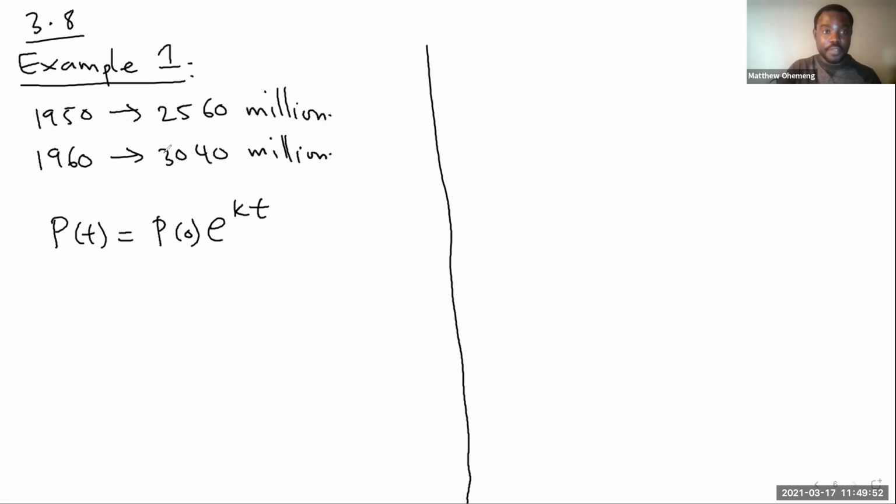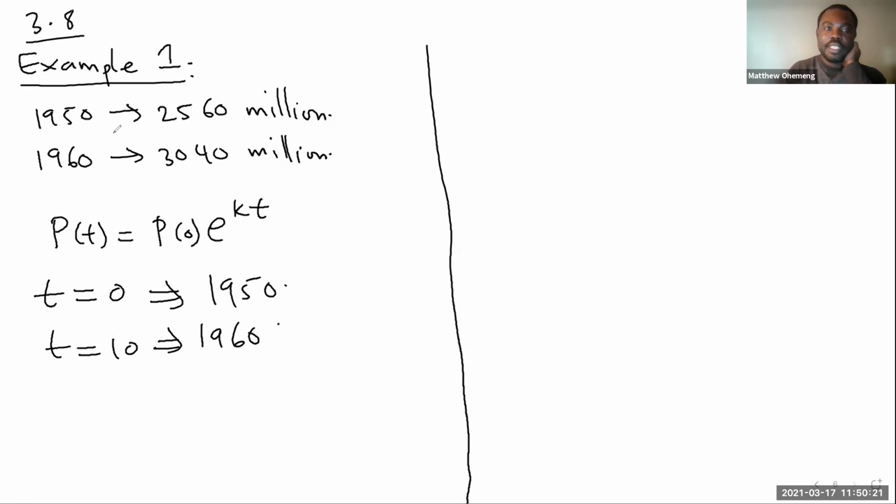It's 11:49, so let me at least get a K, and then we'll continue with this example the next time we meet on Friday. Since you are modeling and the earliest year we're given is 1950, I will equate the time zero to be the year 1950. Then 1960 will equate to the time being 10.